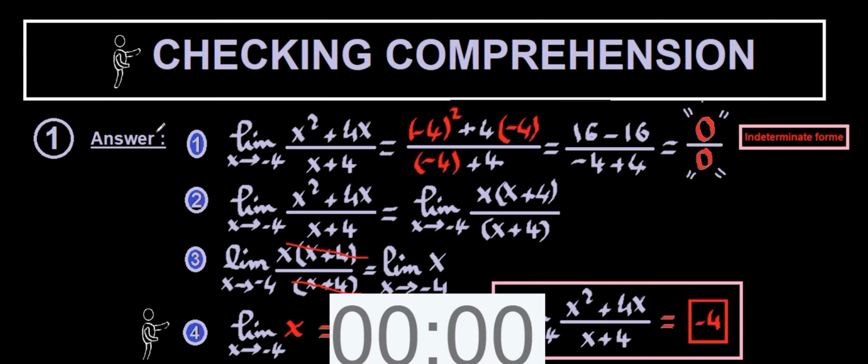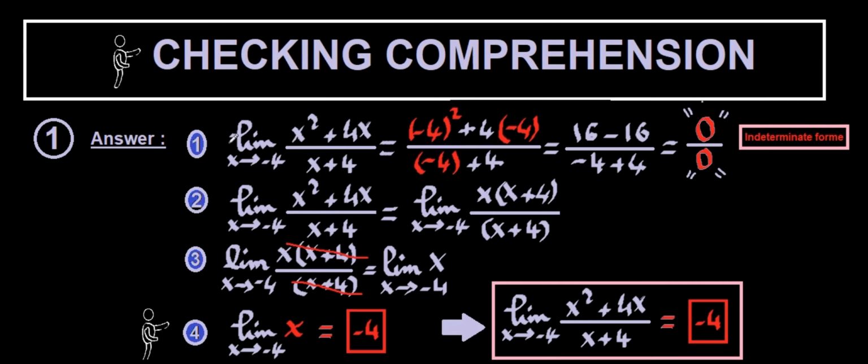For the answer, step number 1. When we substitute the value minus 4 in the expression x squared plus 4x divided by x plus 4, we get 0 divided by 0, which is an indeterminate form. Step number 2. We factor the numerator by x, and we get x times x plus 4 divided by x plus 4.